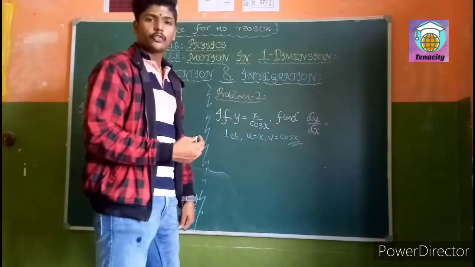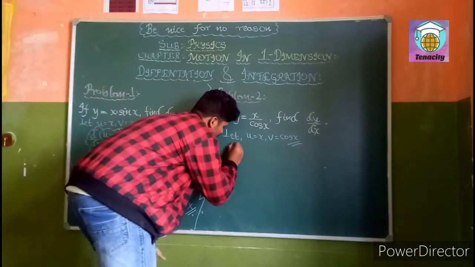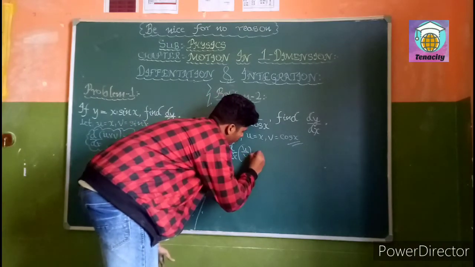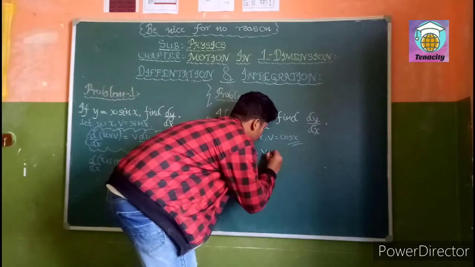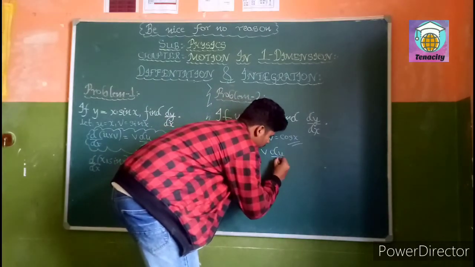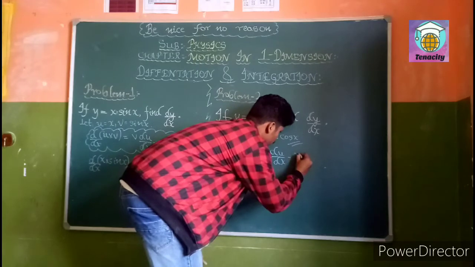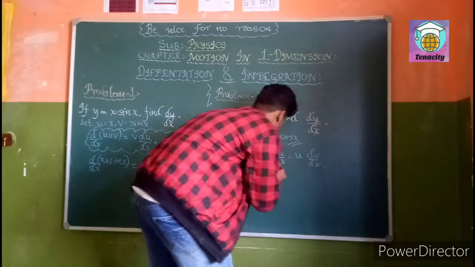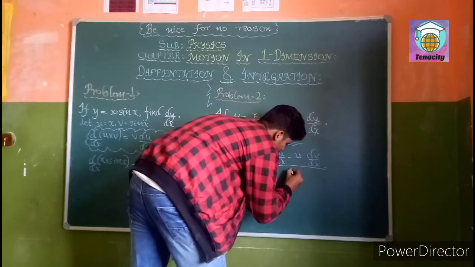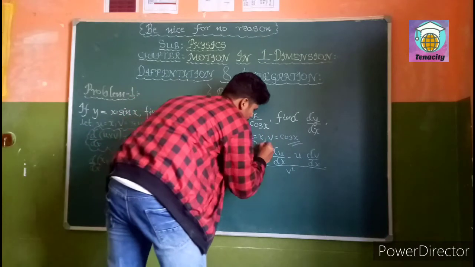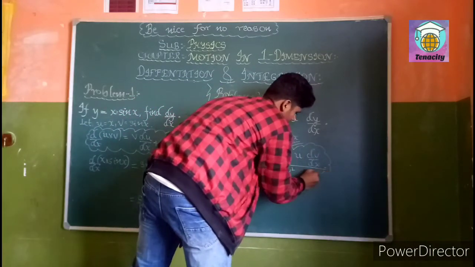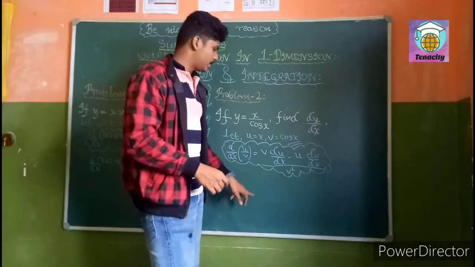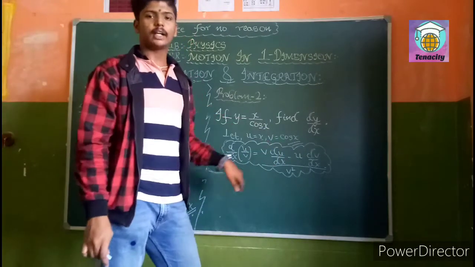We know the operation of differentiation, that d by dx of u by v is equal to v into du by dx minus u into dv by dx, divided by v square. So this is the operation that we know. Fine. Let us substitute these two values and take out the answer.